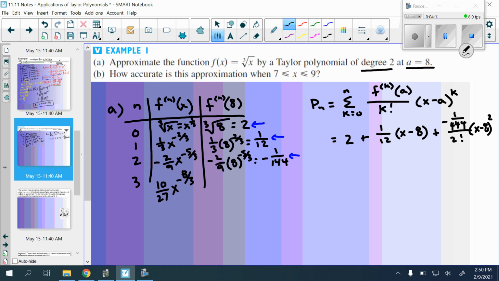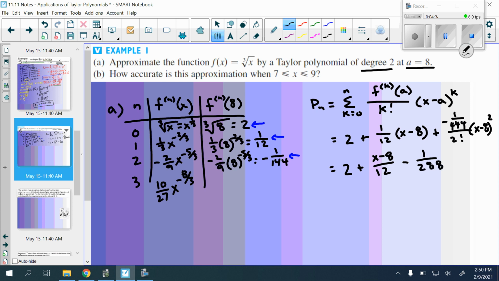So that's our polynomial. Just simplifying it a little bit here, you'd get 2 plus, I'm going to write this as x minus 8 over 12. Next one's going to end up being negative. 2 factorial is 2, so if we take half of 1/144, that's going to be 1/288.